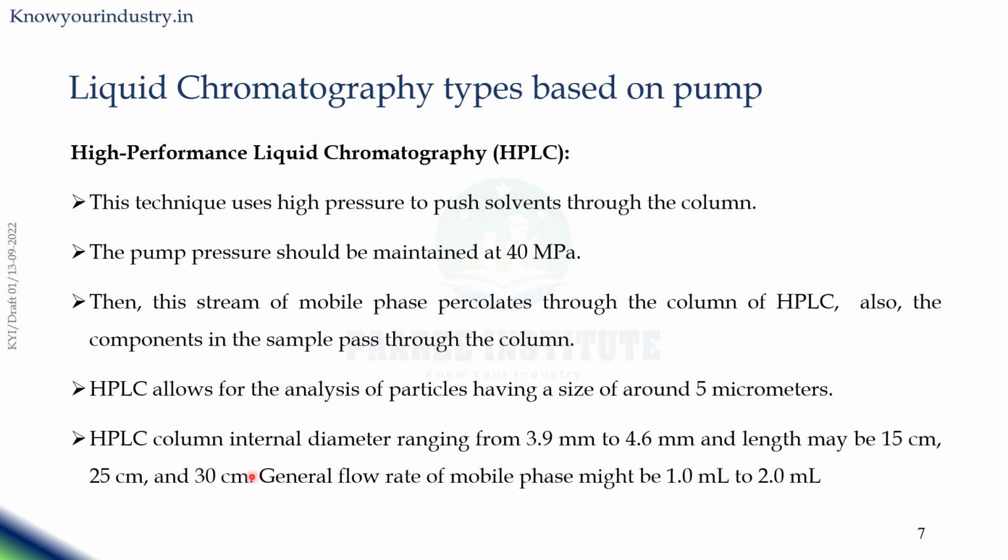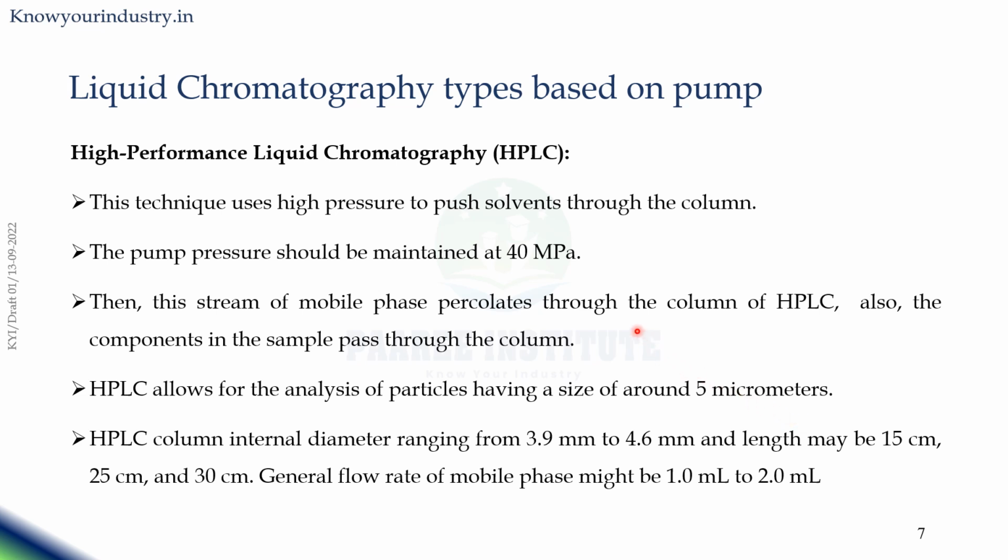The HPLC column internal diameter ranges from 3.9 millimeter to 4.6 millimeter, and the length may be 15 centimeter or 25 or 30 centimeter. The general flow rate of the mobile phase might be between 1 to 2 ml. So these are the major specifications of the HPLC, or high performance liquid chromatography.